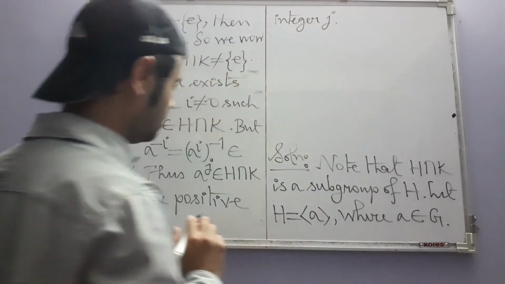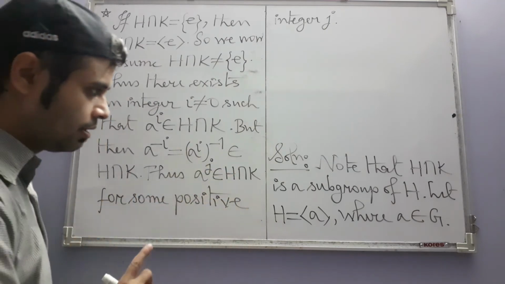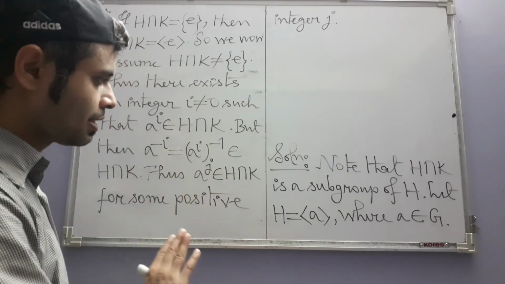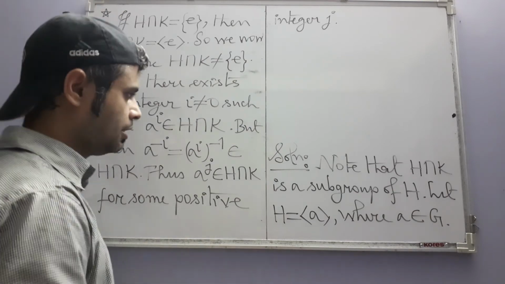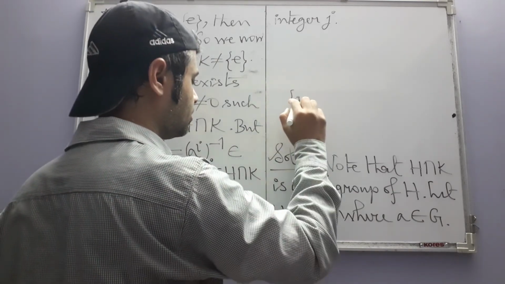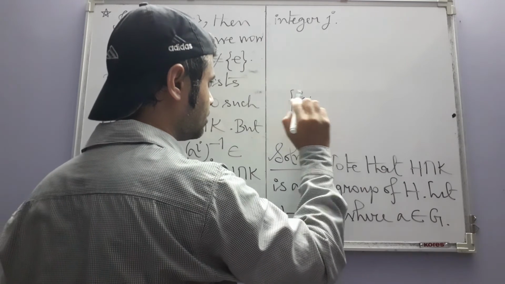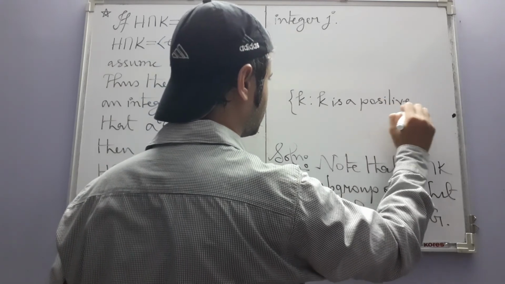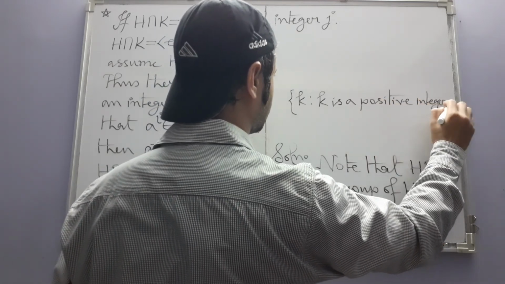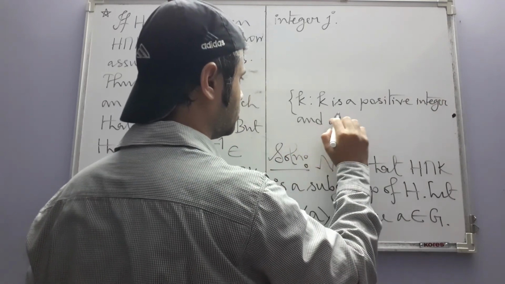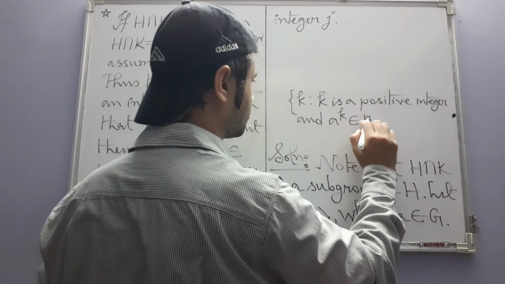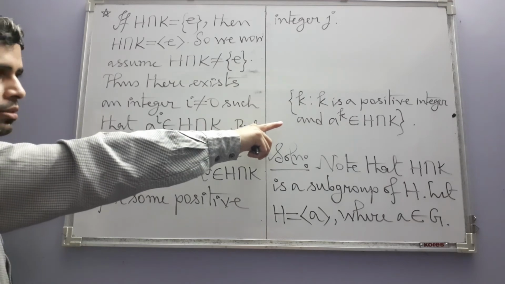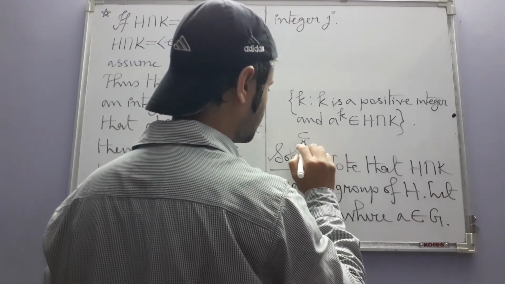Now this last sentence here that I have written gives us a non-empty subset of the set of positive integers. Do you see what that subset is? It is the set of those positive integers for which this thing is true. This is of course a subset of the set of positive integers.